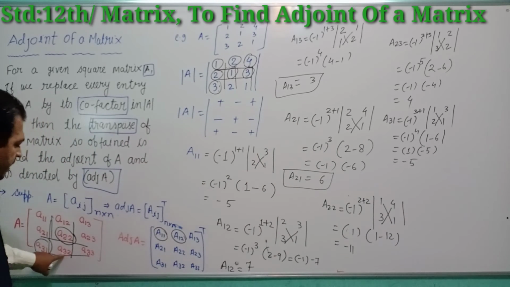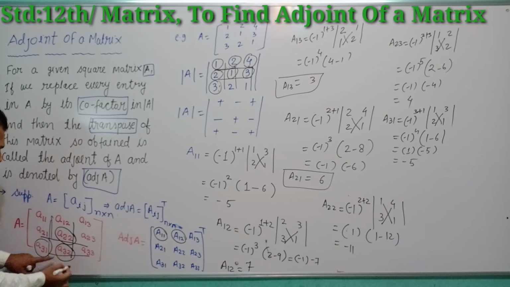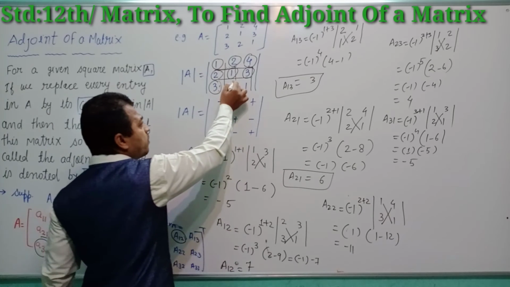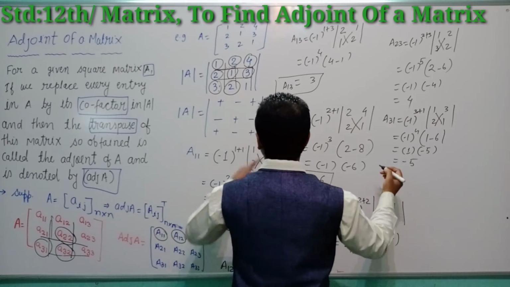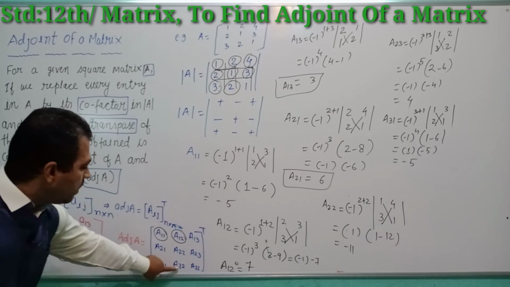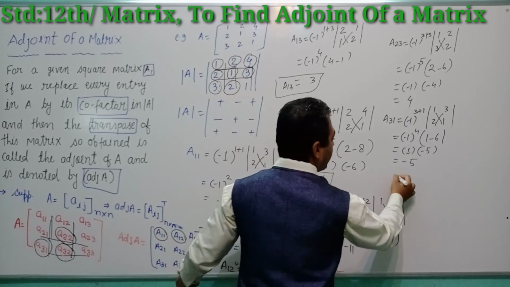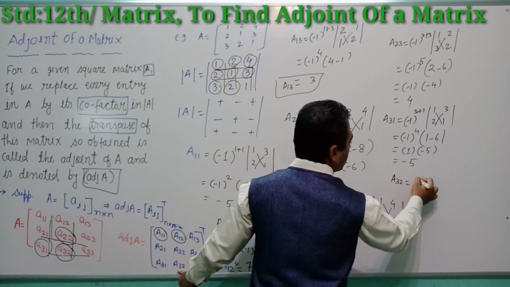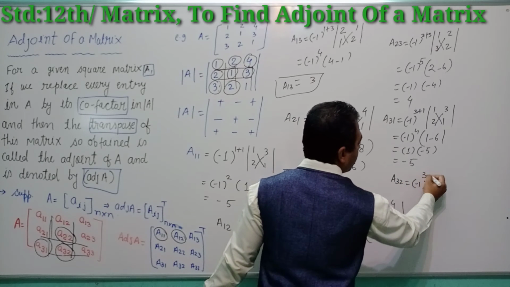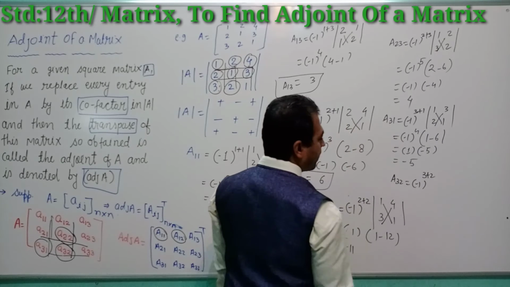Now we will find out the cofactor of A32. A32 means cofactor of 2. So capital A32 is minus 1 is to the power 3 plus 2.